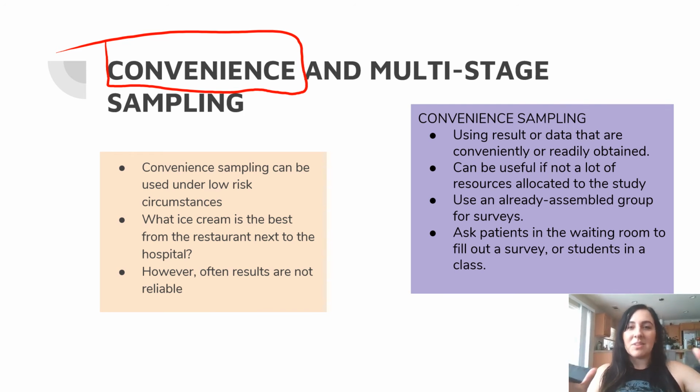If you don't have those types of resources, convenient sampling is great. Like I said, it may not give you the best results, it may not be as reliable, but convenient sampling can really get the job done. Okay, that's really all it is. It gets the job done.